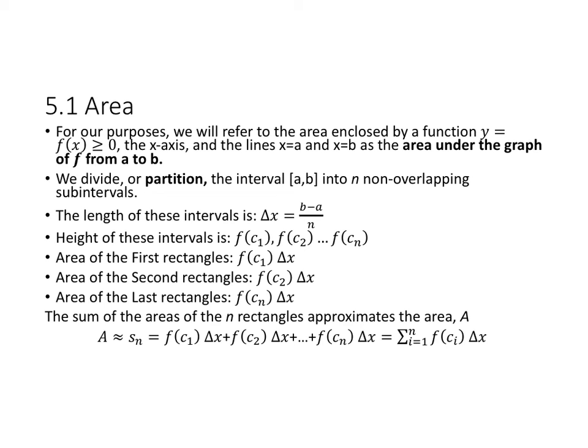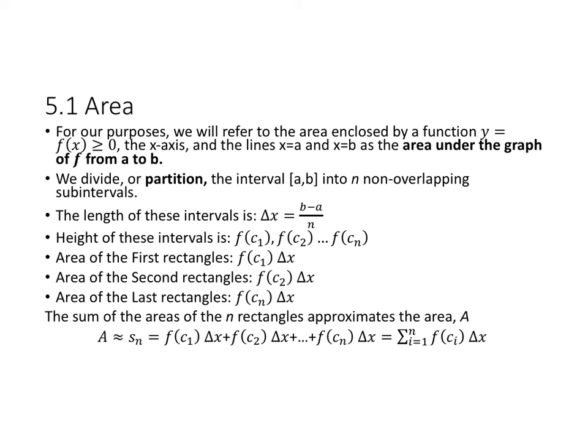The length of these intervals is delta x, which is the difference between the start and the end, divided by how many intervals we're going to use. The height of the intervals is f of each partition, and that's how I found the 4.5. I plugged my x values in. And the area of the rectangles is the base times the height. And then the total area is the sum of all of them.